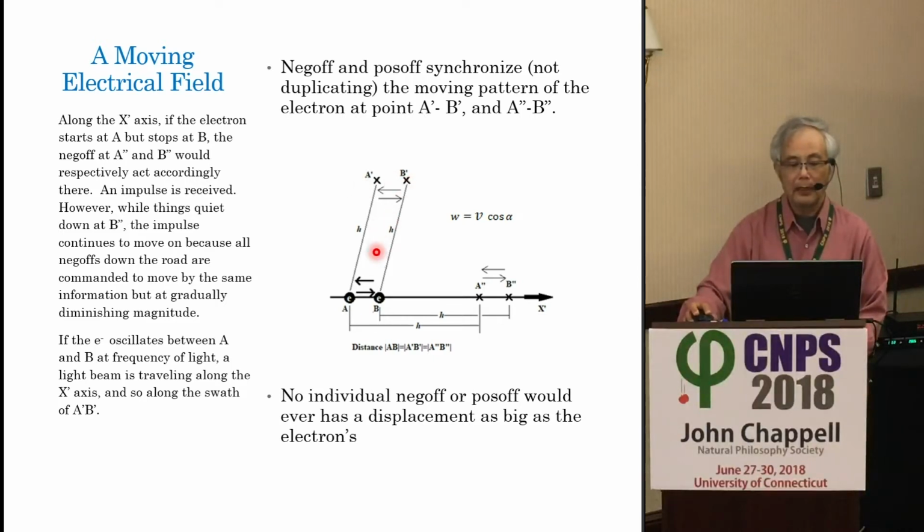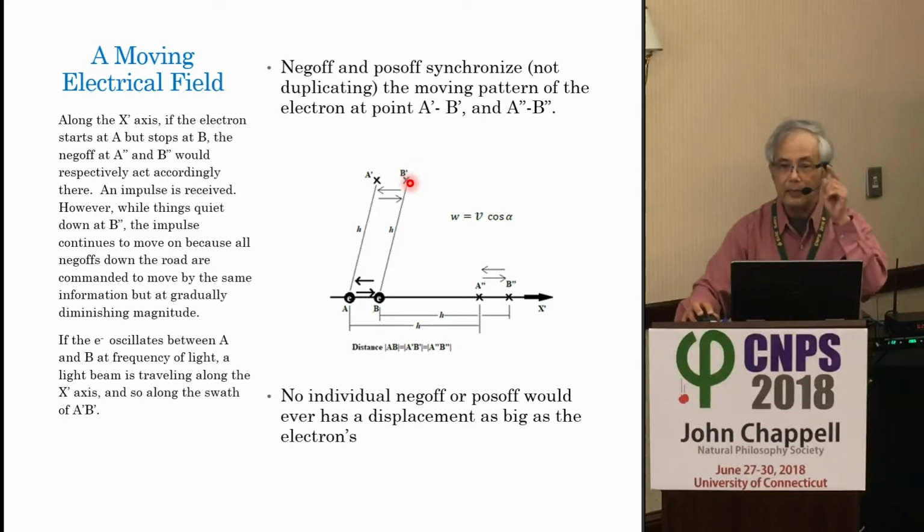Okay, and when the electron is here, at A prime, there's certain distribution between the negative and positive. When the electron moves over here, the distribution pattern from here also moved over here. When the electron stops over here, the distribution stops here.